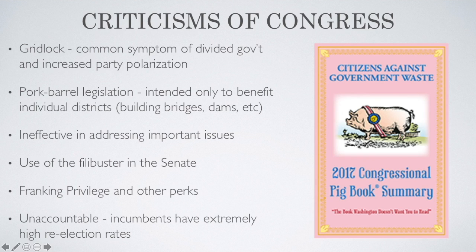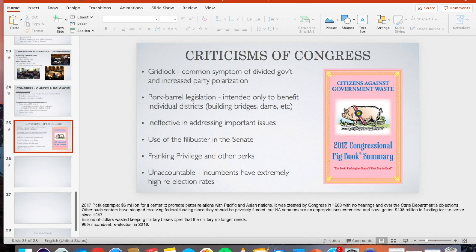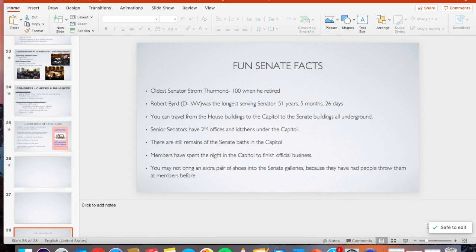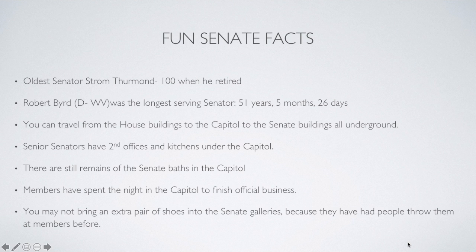We do have a few fun facts here that I'd like to share regarding Congress. The oldest senator was Strom Thurmond. He was 100 when he retired. Robert Byrd was the longest serving senator, 51 years, 5 months, 26 days. You can travel from the House buildings to the Capitol to the Senate buildings all underground.